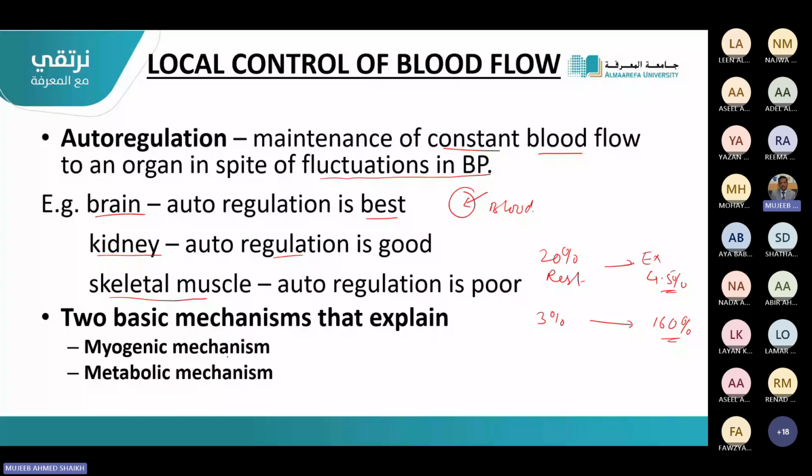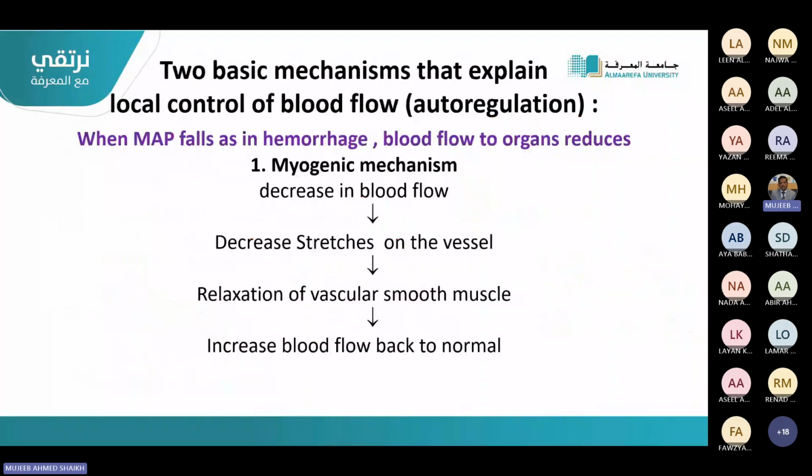Again, it will be explained by two mechanisms. One is myogenic, another one is metabolic. The myogenic mechanism says that when mean arterial pressure, MAP, decreases, as in case of hemorrhage, it will lead to decreased blood flow to the organs.